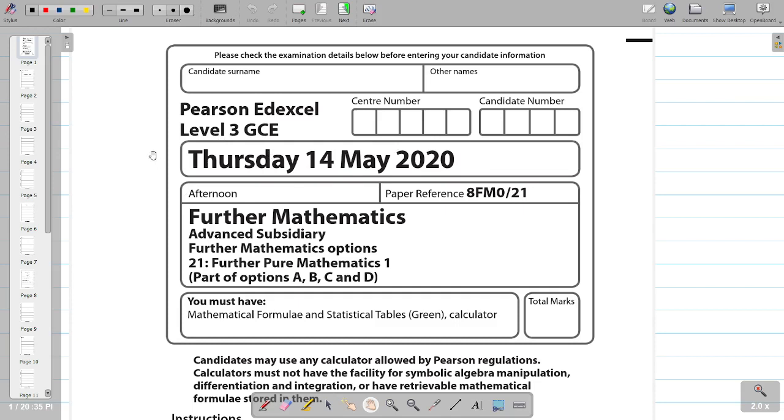This would have been sat by students that were taking the further maths subject, because further maths, unlike maths, is an optional elective course for science stream students. You can pick up to 4 or 5 subjects you can take for your GCEs or A levels, further maths being an optional paper.